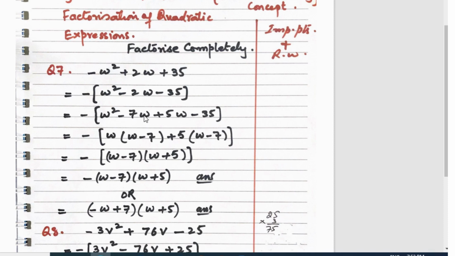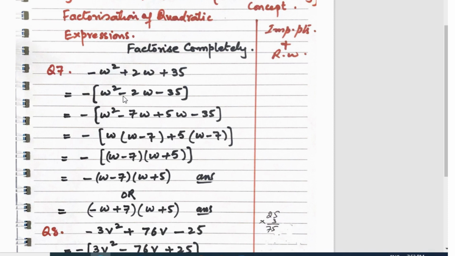We will write the variable w and w with the factors of 35. 7 and 5 are the factors of 35, and with the bigger term we will put minus, as we need a minus sign with the middle term.